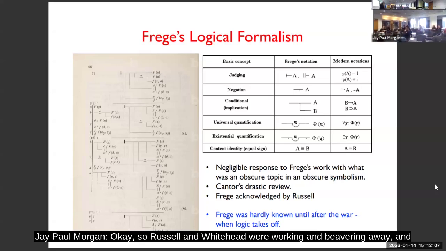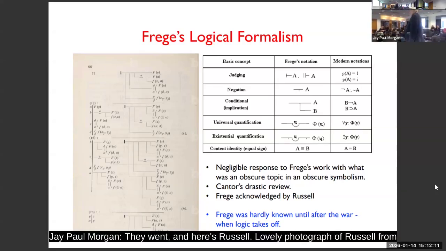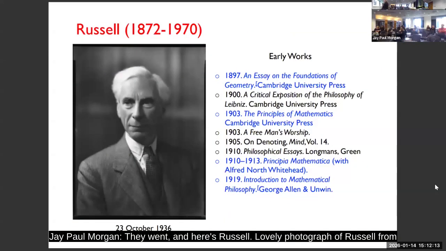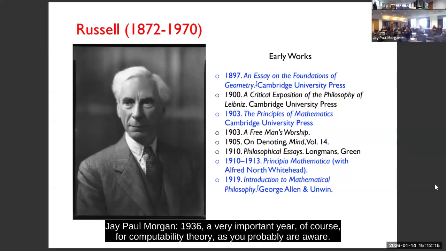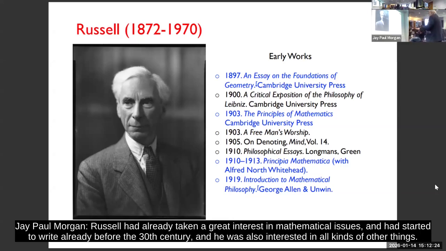So Russell and Whitehead were beavering away, and here's a lovely photograph of Russell from 1936, a very important year, of course, for computability theory, as you are probably aware. Russell had already taken a great interest in mathematical issues and had started to write before the 20th century.